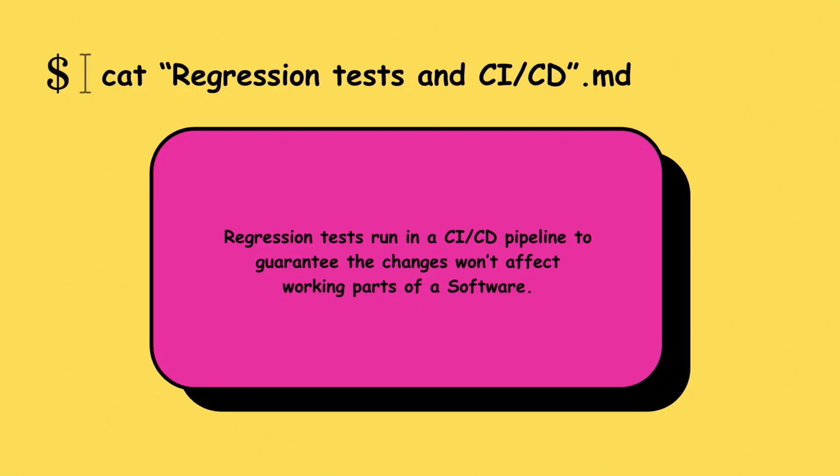These regression tests run so we can lower the risk that the changes affect other functionalities before continuing its way to prod. And when a failure occurs in this regression test, we stop the release of the functionality and start to investigate what happened.